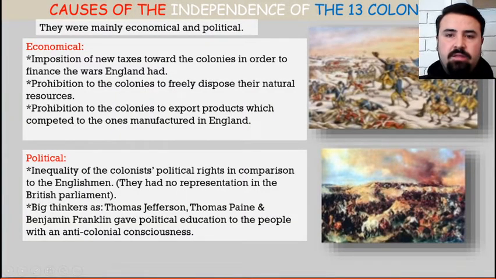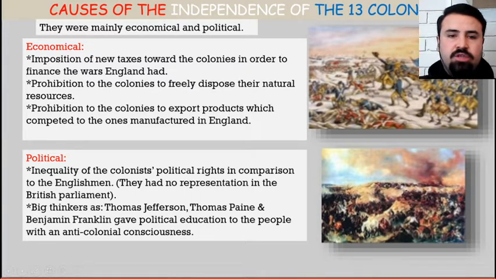Causes of the independence of the 13 colonies. They were mainly economical and political. Economical: imposition of new taxes on all the colonies in order to finance the wars England had. Prohibition for the colonies to freely dispose of their natural resources.